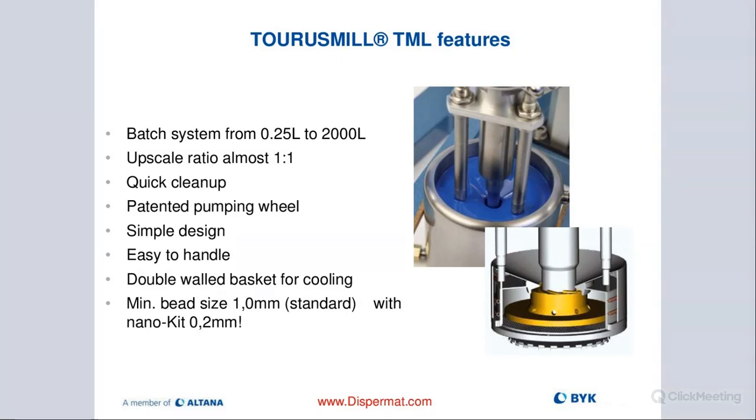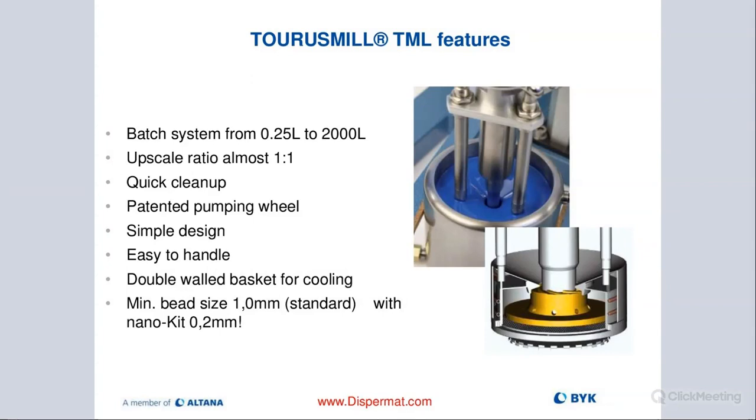Again, we can go from very small volumes up to 2,000 liters. With the C technology and with our TML concept, we have a very good upscale ratio, almost 1-to-1. Very easy to clean our mills. What's also very attractive is the design of our Dispermats with that quick change system, where we're able to just put on different attachments.